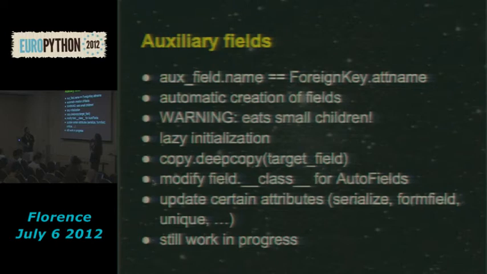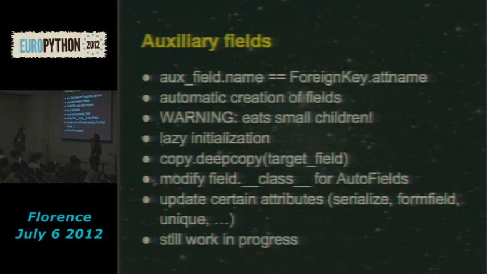To keep backwards compatibility, I had to implement a way to create these auxiliary fields automatically, because it would be kind of annoying to have to create a helper field in addition to a foreign key each time you want a relationship. The code that implements this is quite ugly, I'd say.